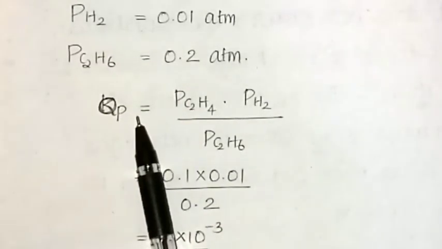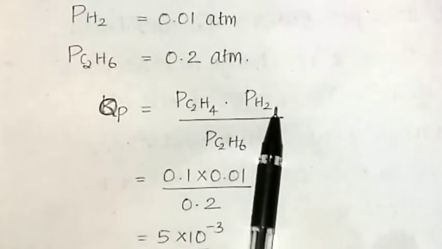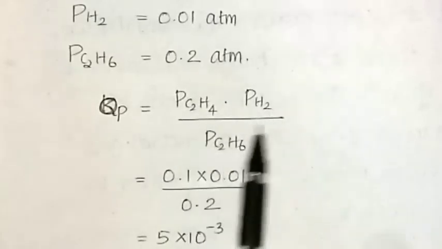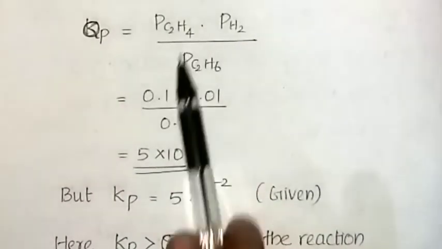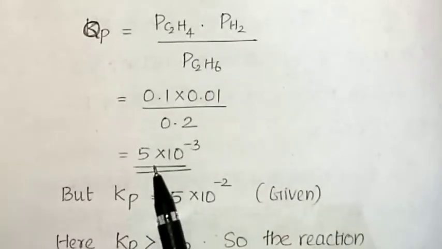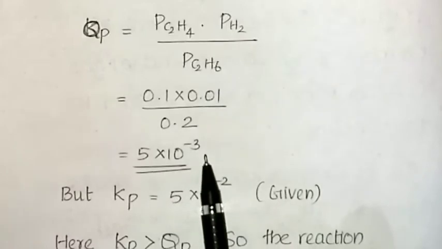Then Qp is equal to the pressure of C2H4 into the pressure of hydrogen, these are the products, divided by the pressure of C2H6. Substituting the values, we get Qp as 5 into 10 raised to minus 3.